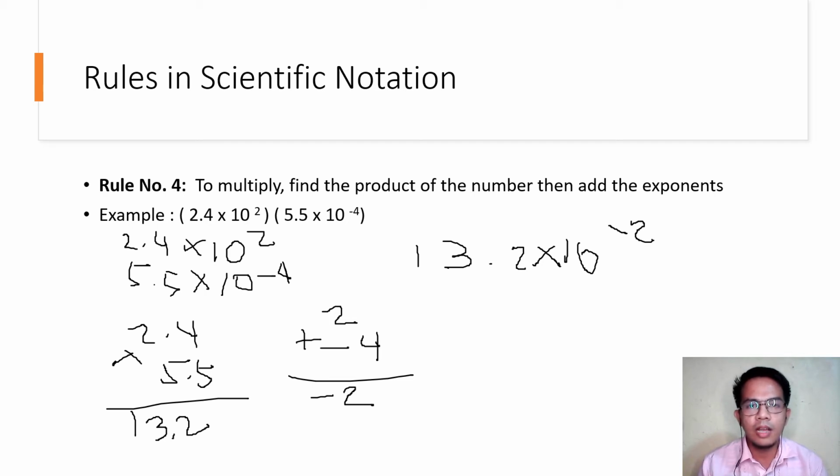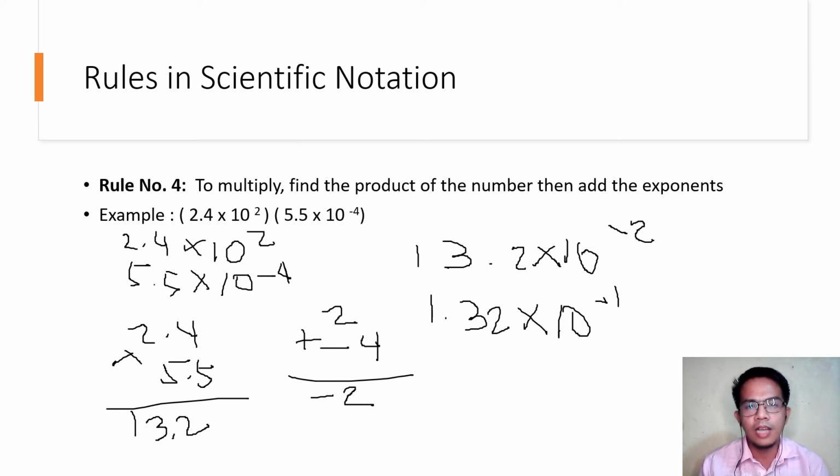Same as the example in the last slide, standard scientific notation can only have one number to the left of the decimal place. Therefore, the answer 13.2 times 10 raised to negative 2 will change into 1.32 times 10 raised to negative 1.